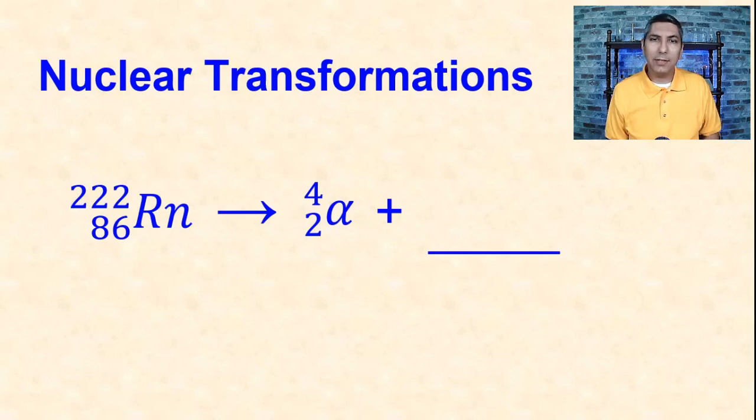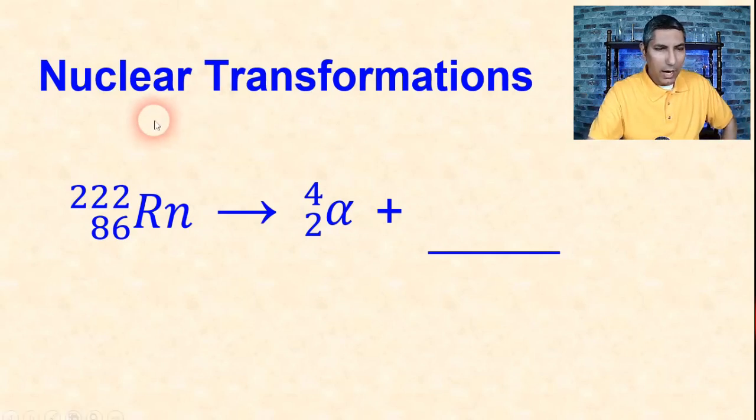And sometimes we're asked to calculate what is the resulting particle that this radon-222 atom turns into after it undergoes that alpha emission. So it's our job to figure out what particle goes in this blank space here. Now the concept here is fairly simple. The number on top has to equal out to the same value on both the left side and the right side.